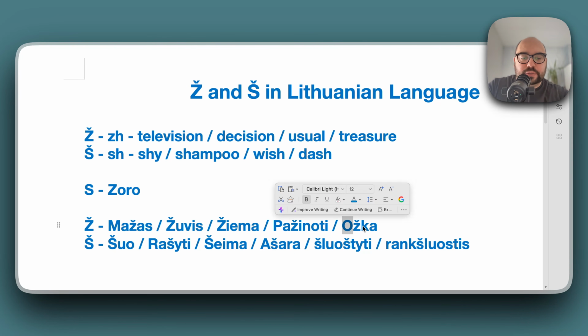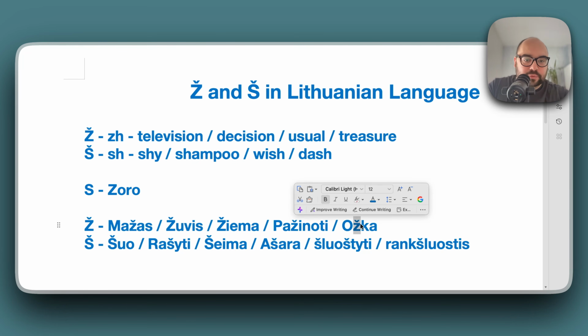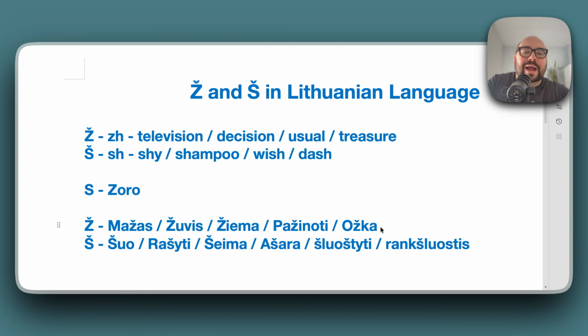Between these two letters, it becomes like sh. It becomes softer without that guttural throat sound. If you say it slowly, ožka, you could do it, but I dare you to try to say the zh sound over here, because it's very difficult between these two letters. That's the main reason why the sound assimilates a little bit and becomes sh when you say it fast. But these are minor exceptions.